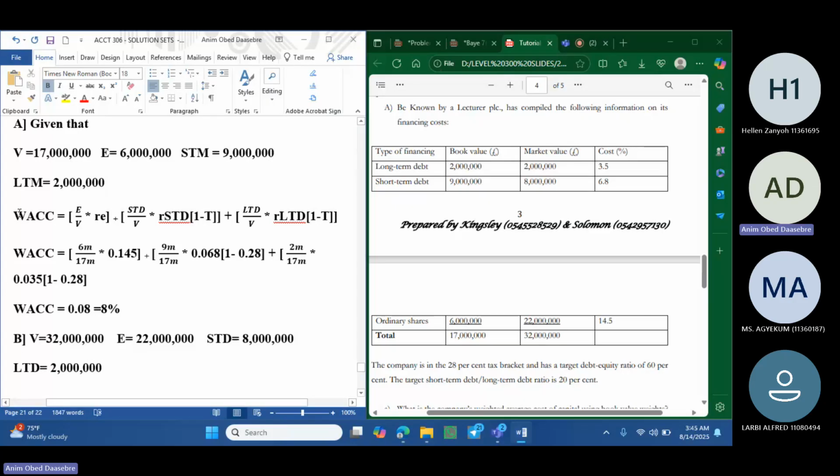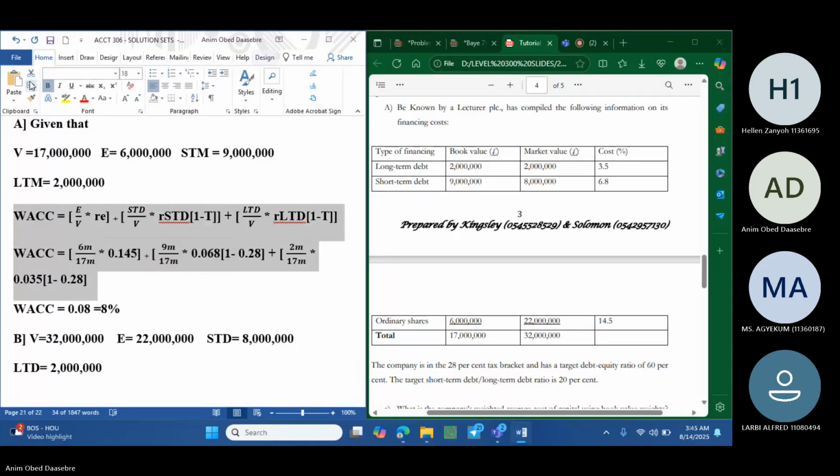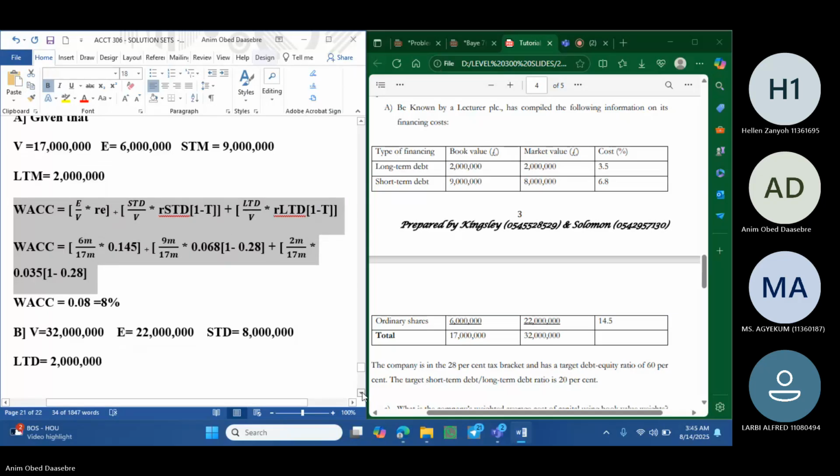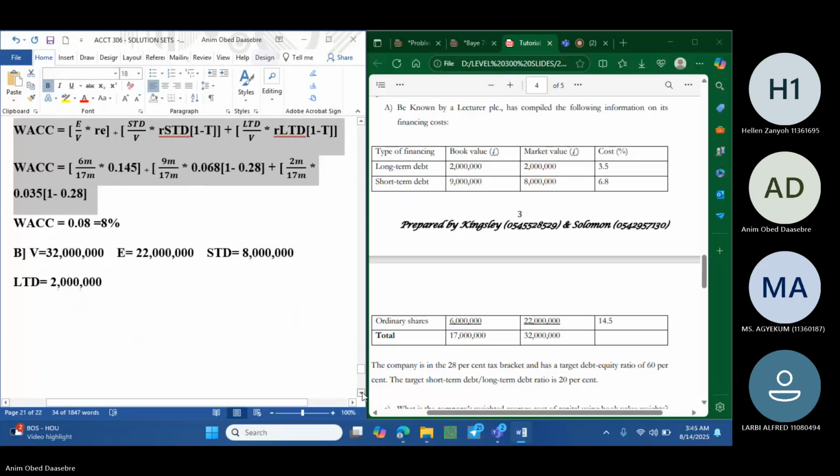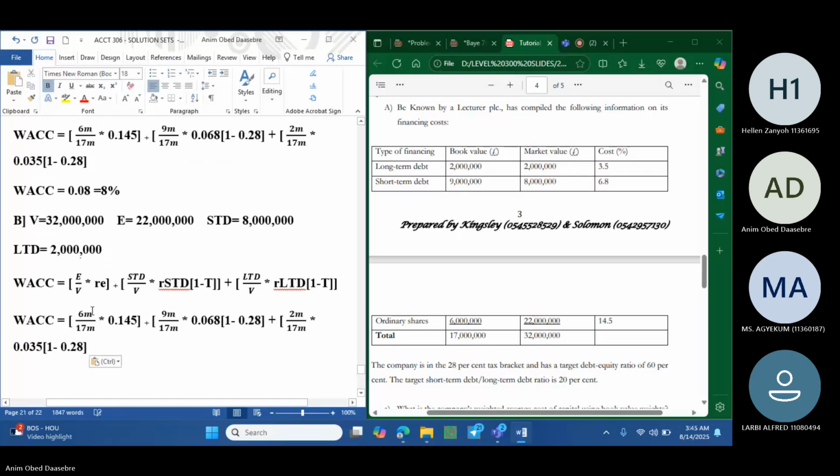The same formula, but we're going to change the figures. For equity now, it is 22 million.